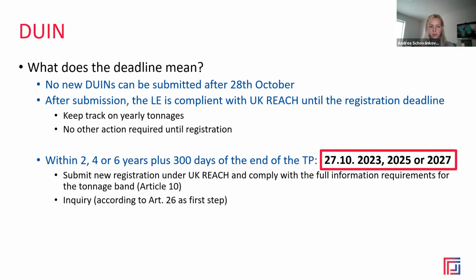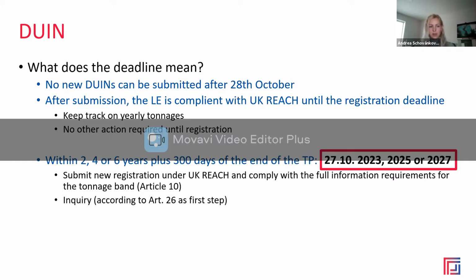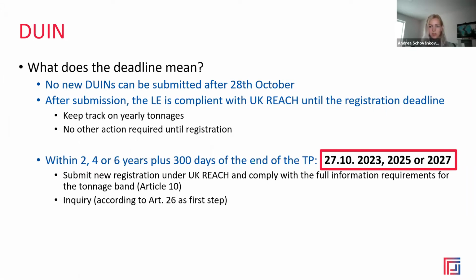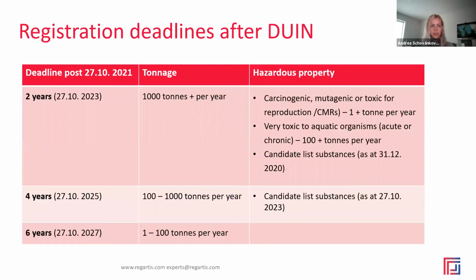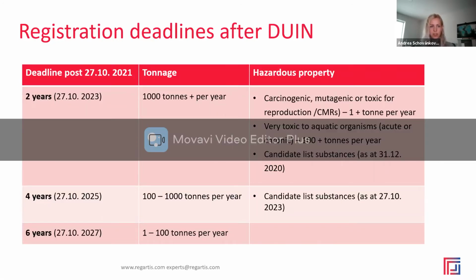And the first step to do it is an inquiry according to Article 26. And this whole process of the registration is really similar, almost the same as it was with European registrations with EU REACH. So here are the deadlines for registration after your downstream user import notification.